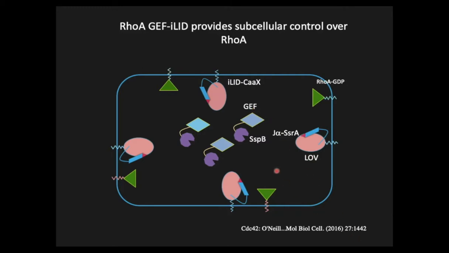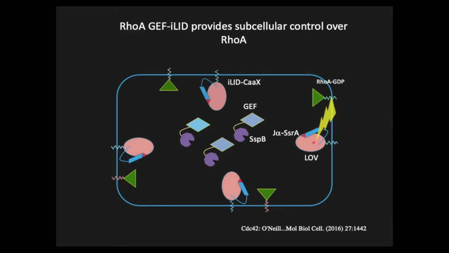The interaction between a protein, SspB, and its peptide binding target, SsrA, is rendered light dependent by fusing SsrA to the blue light sensitive LOV domain. The LOV domain is attached to the membrane by a CAAX motif, and in the dark state is folded, hiding SsrA.